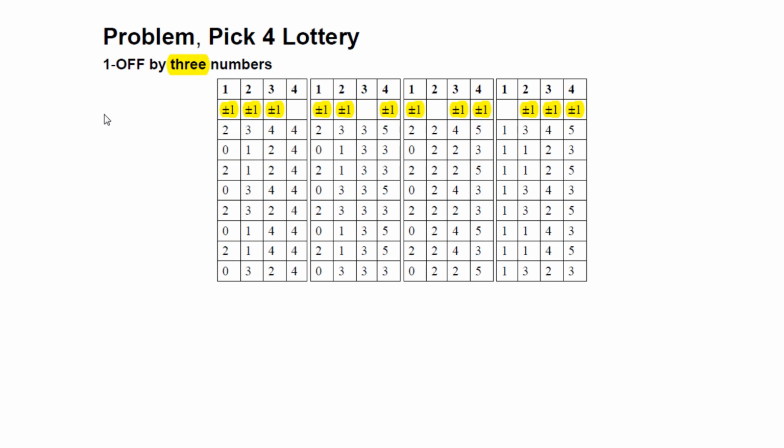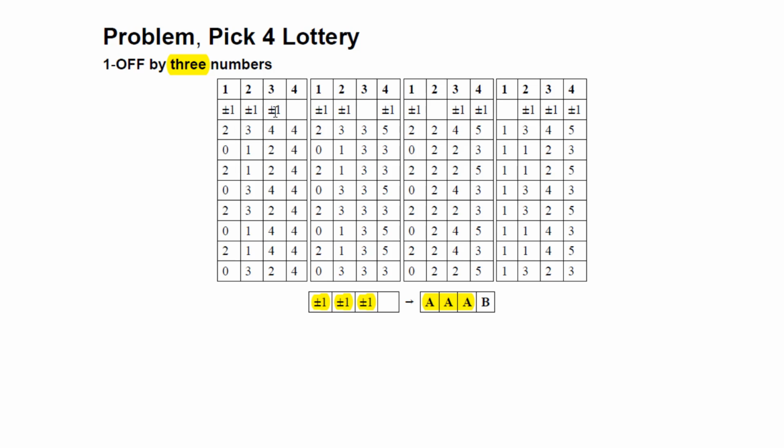And now the third case of playing 1 off by 3 numbers. So we may miss the 3 numbers by minus or plus 1 in all these cases. In order to compute these numbers, we can use some computation here.